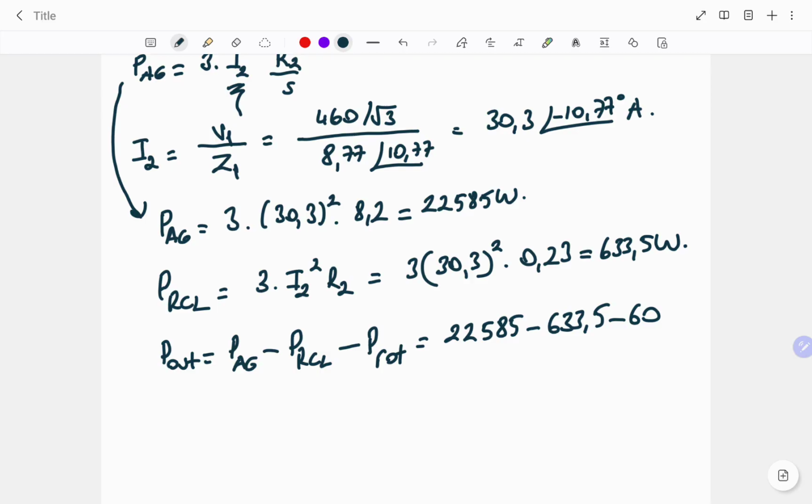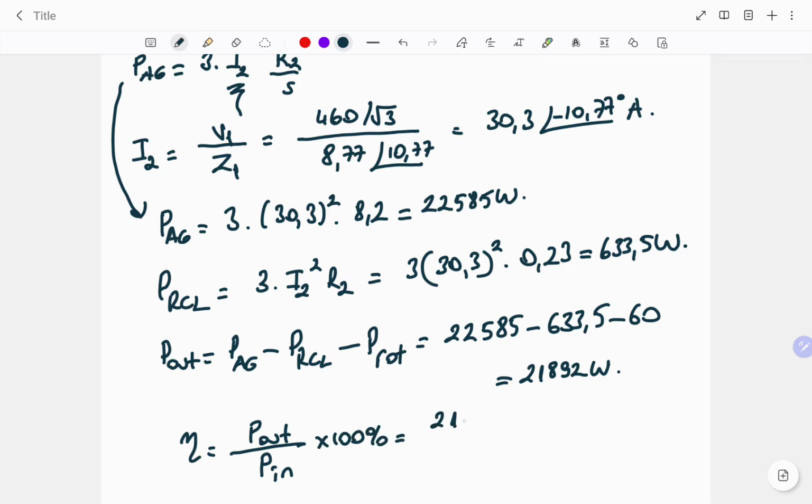So from here, the output power can be calculated as 21,892 watts. And the efficiency finally can be calculated with the ratio of output over input as a percentage.